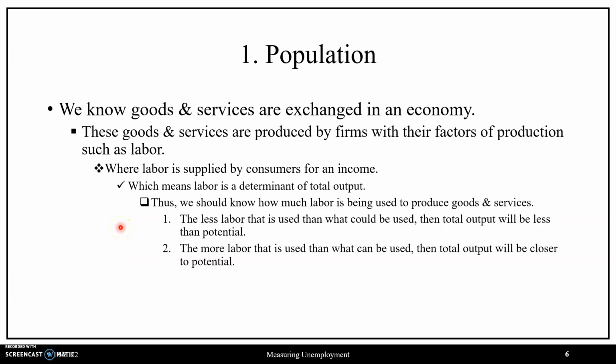If labor is underutilized, then we're on a point below the production possibilities frontier, versus if labor is fully utilized along with the other resources, then we will be on a point on the production possibilities frontier corresponding to the most amount of output that can be produced given current resources and technology.